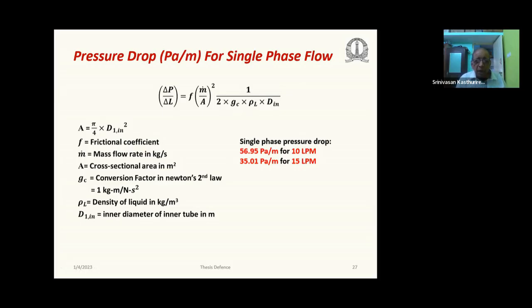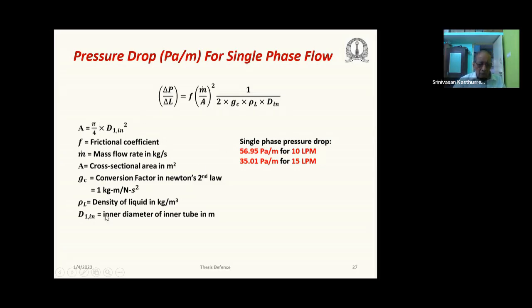Now for the pressure drops, we are going to use exactly the same formula that we discussed earlier. First of all, for single phase flow, you can calculate the pressure drop. Delta P by delta L is equal to f into (m dot by A) whole square multiplied by 1 by 2 gc rho L into d1 in.